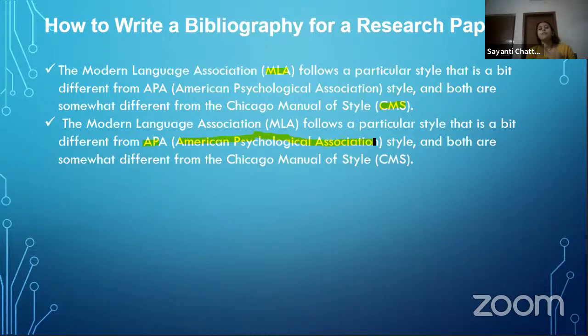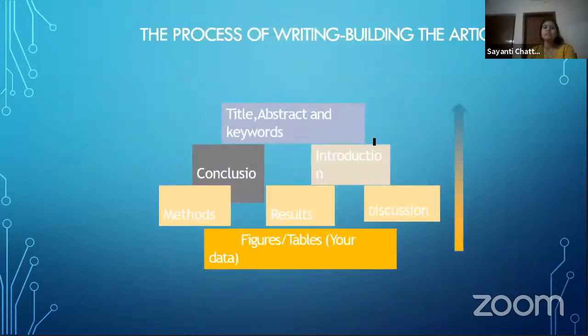But in the 1% of cases where it is not mentioned, write everything in the same manner. Not first one MLA, second one CMS. Don't do this. When you write the bibliography, please write it in only one pattern. So this is the process of writing.